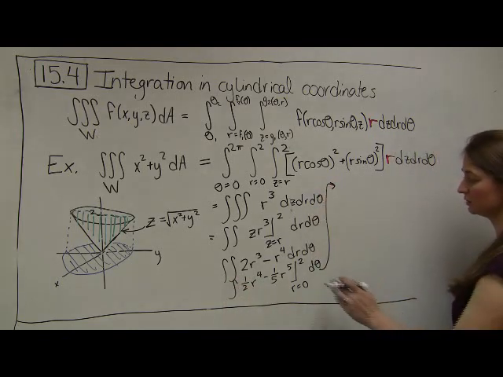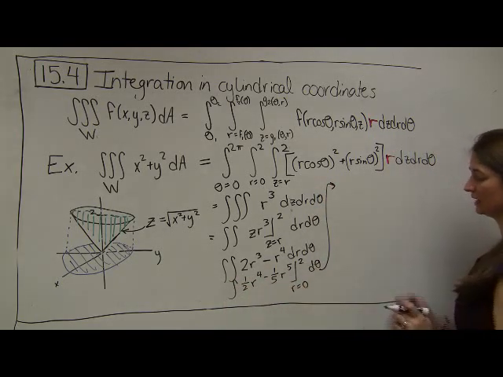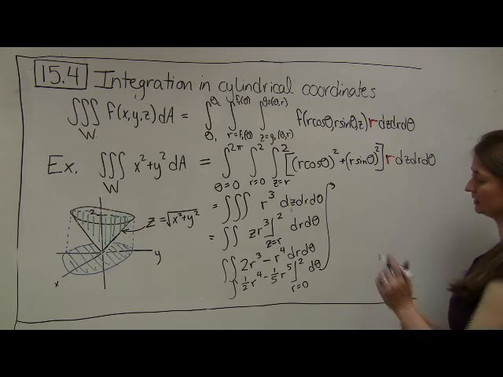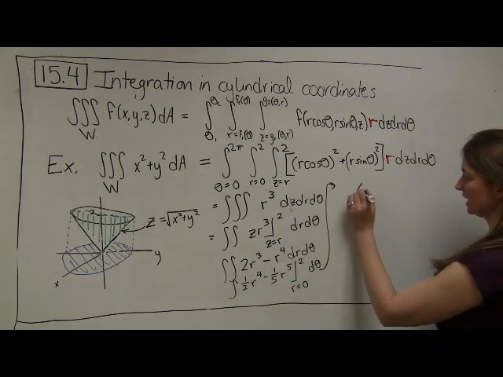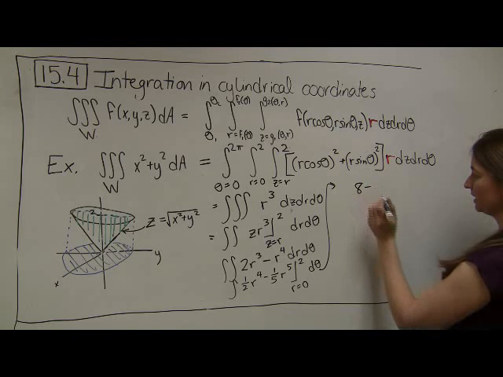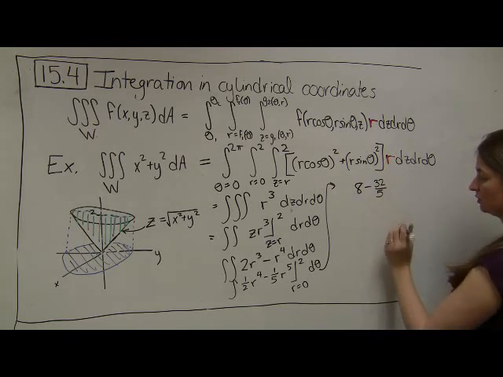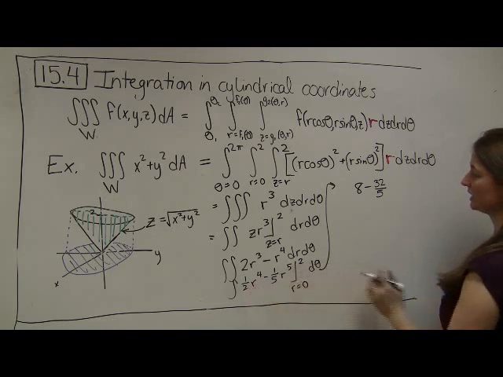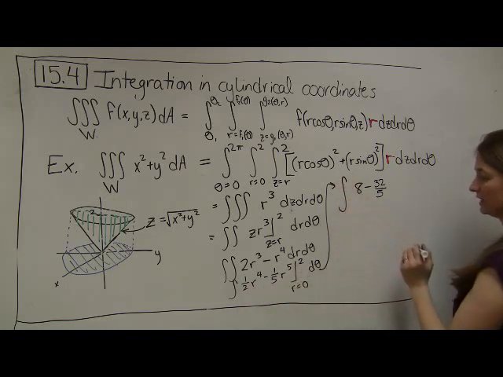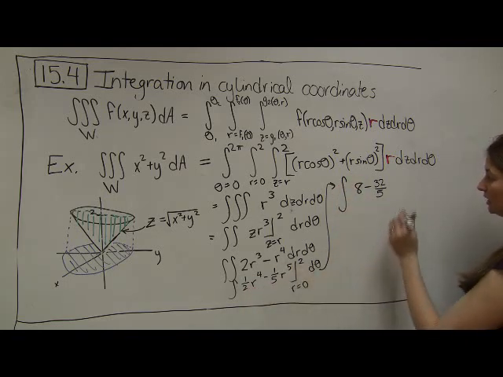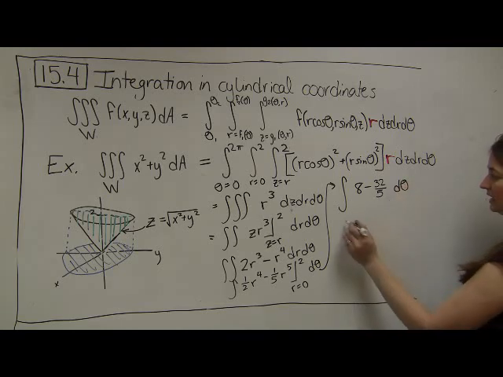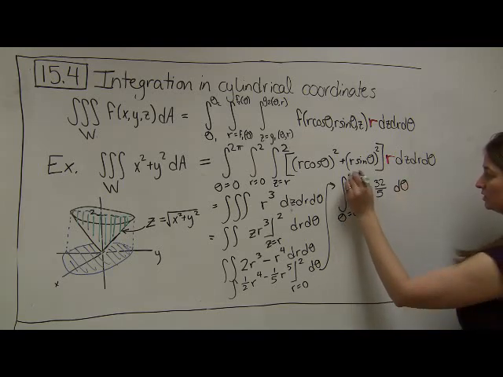Finishing up over here, when I plug in 2 for r, I get 2, 4, 8, 16 halves, which is just 8, minus 32 fifths. When I plug in r equals 0, I get 0. So I evaluate this integral. The r's are all gone with respect to theta, as theta goes from 0 to 2 pi.